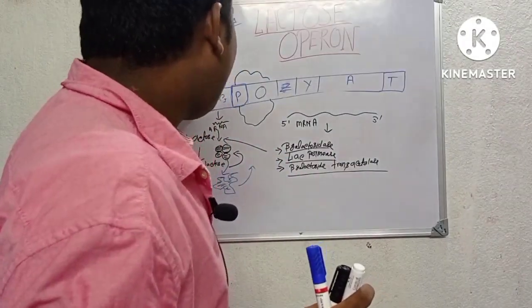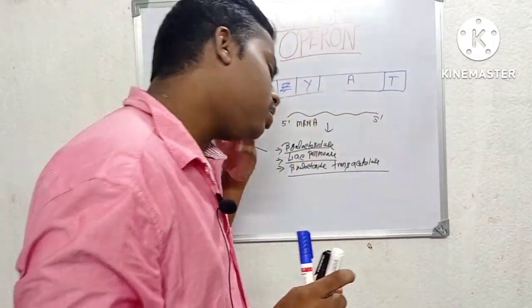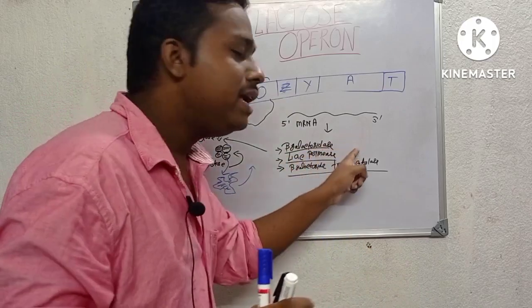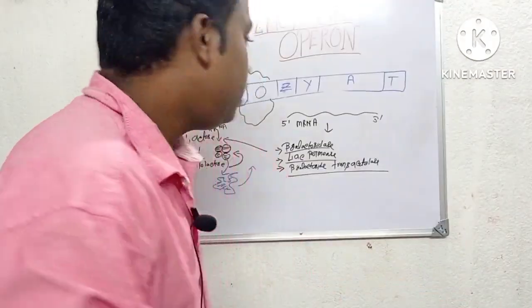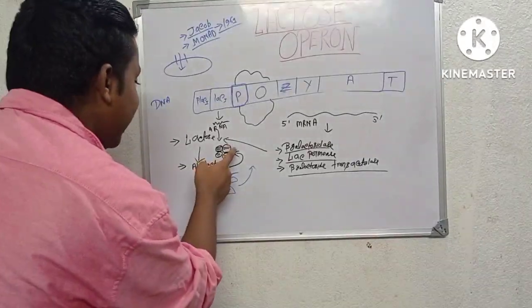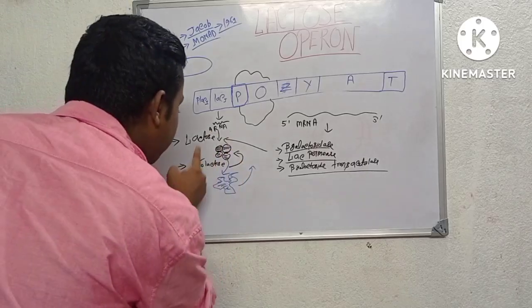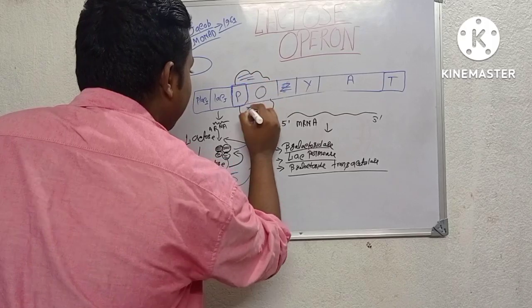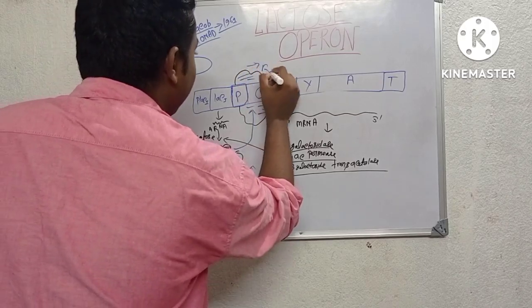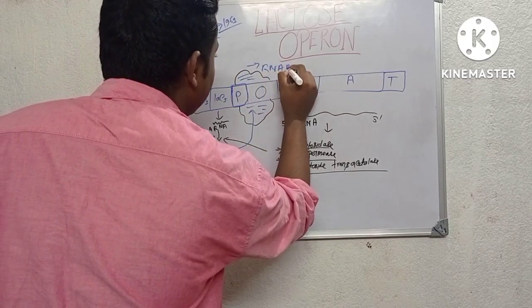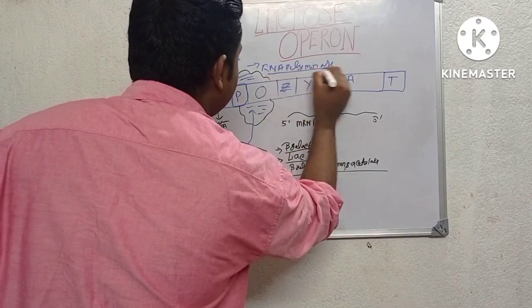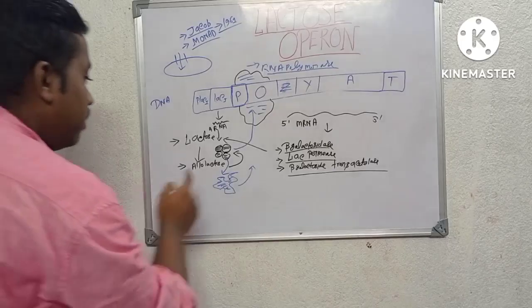In the presence of glucose, in the presence of lactose, all the time the E. coli cell possesses 3 enzymes in very low concentration, because, as I previously said, you will remember that this repressor binds with this operator and prevents the binding of this RNA polymerase. But this is not a permanent binding.